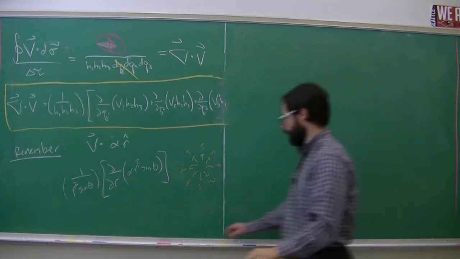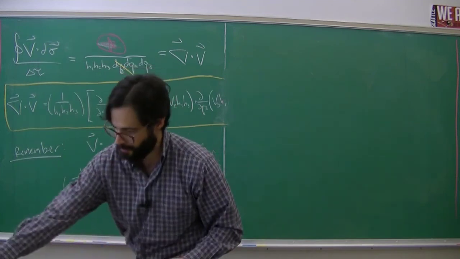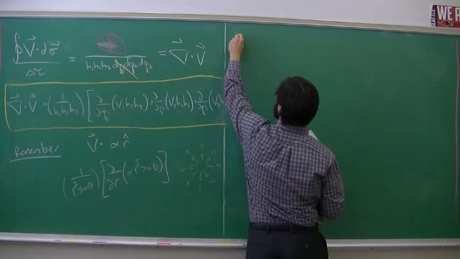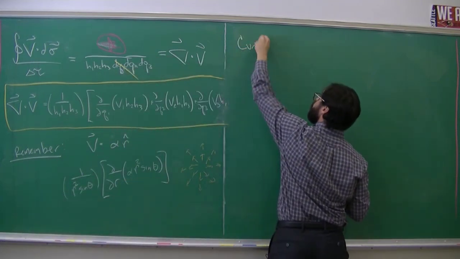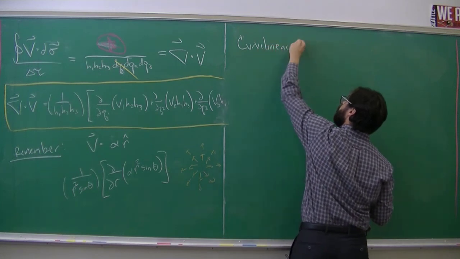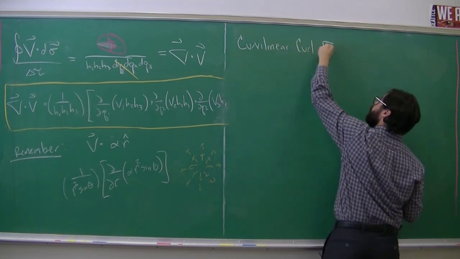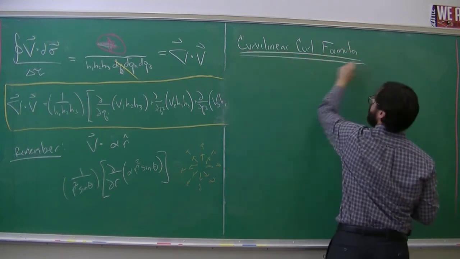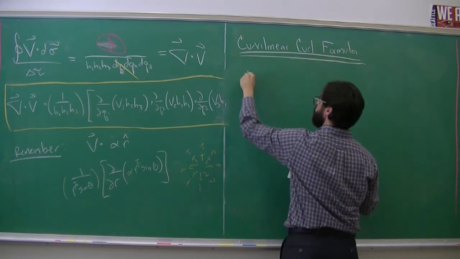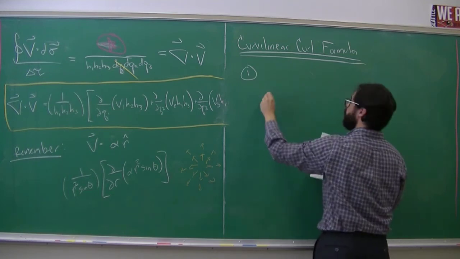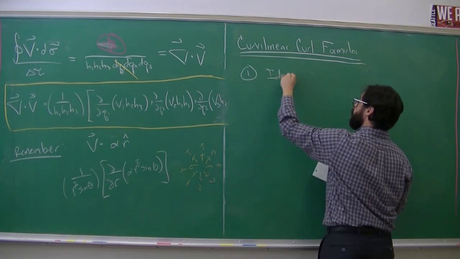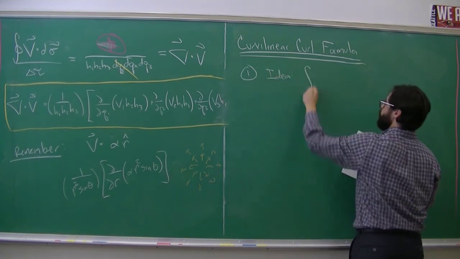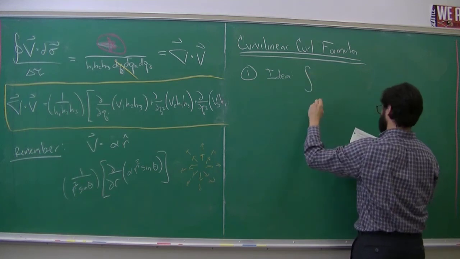If you wanted to prove the curvilinear curl formula, so at-home exercise, you might want to do this. The one thing I would suggest is to make use of Stokes' theorem.